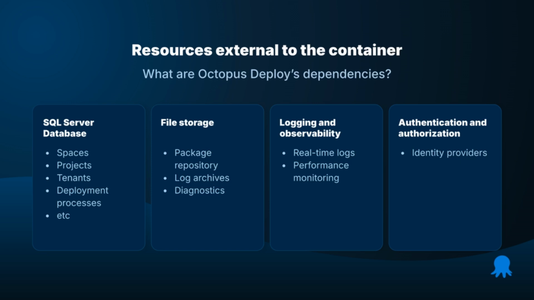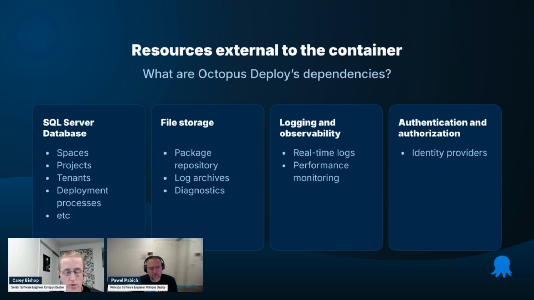And then logging and observability. We've got real-time logs coming out of Octopus Deploy that we want to keep track of, and we want to monitor the performance of those instances. And then you've probably got external identity providers enabled as well, like Azure AD, Entra ID, or Google Auth. Those are also required to be set up before we can start that Octopus Deploy container.